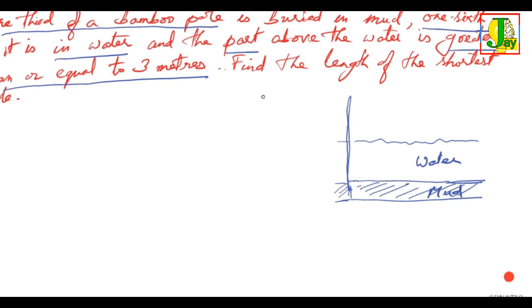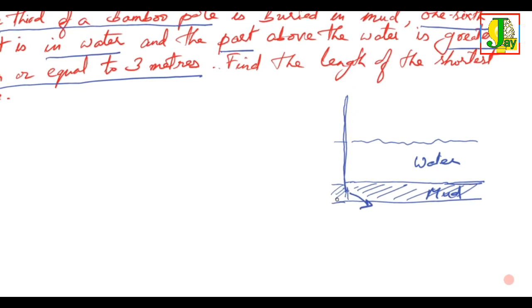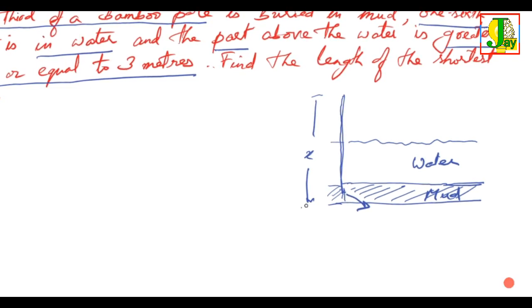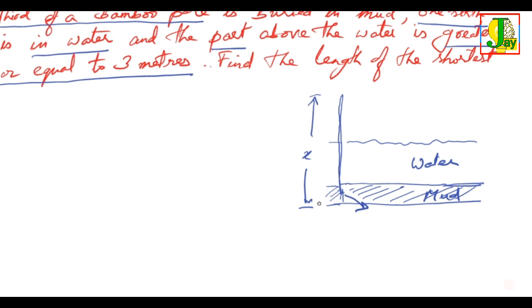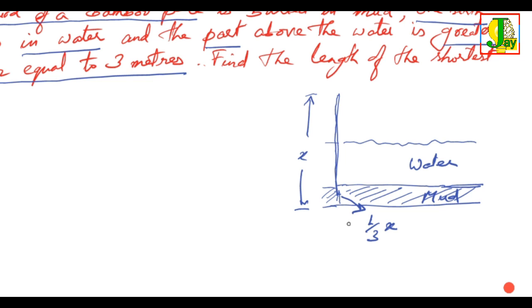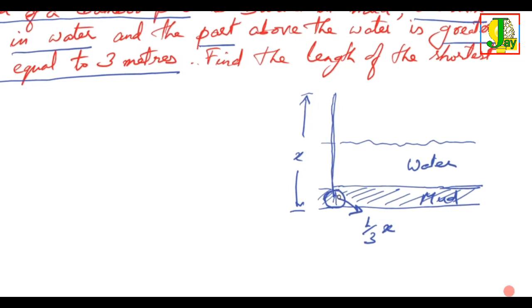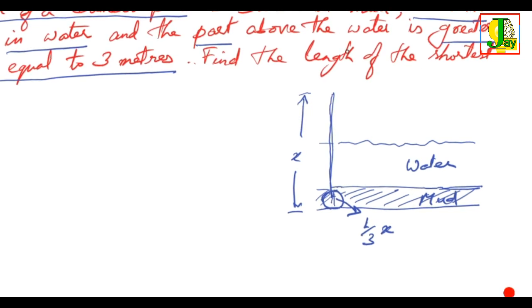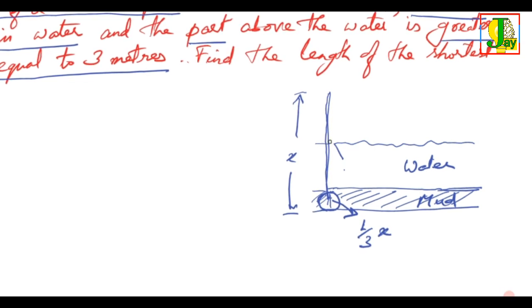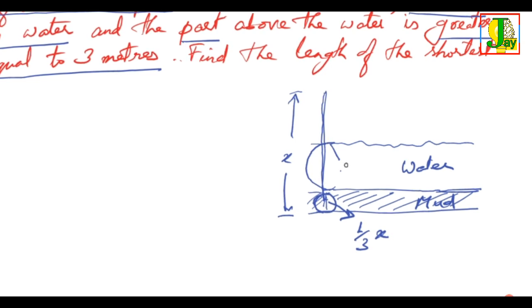Now according to the condition, 1/3 of the bamboo pole is buried in the mud. If the total length is x, this whole length is x, then 1/3 of x is this part, buried in the mud, and 1/6 of x is from here to here.